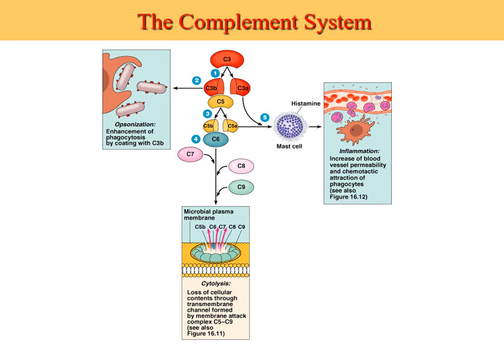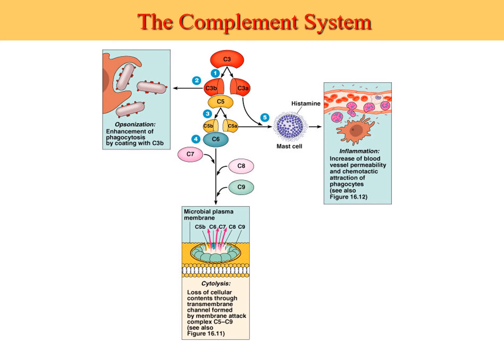And the alternate pathway starts off with C3 activation directly by the bacterial molecules on the surface of bacteria. But they both converge essentially onto C3, and everything else after that is the same in the two pathways.